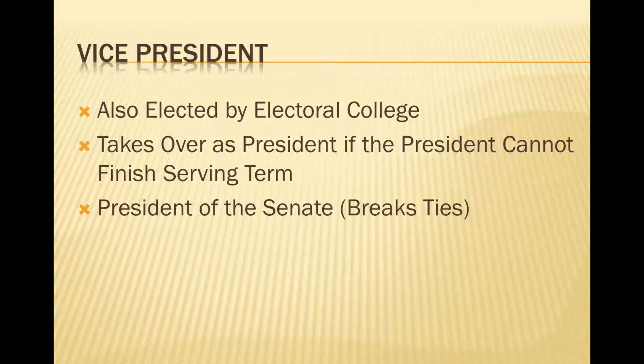Now, there isn't a lot of space about the vice president, and it's because the vice president really doesn't do much unless the president asks the vice president to do more. The vice president is also elected by the Electoral College. Initially, the vice president was the person who finished second in the election by the Electoral College. But over time, because of amendments to the Constitution, the vice president is now elected separately.